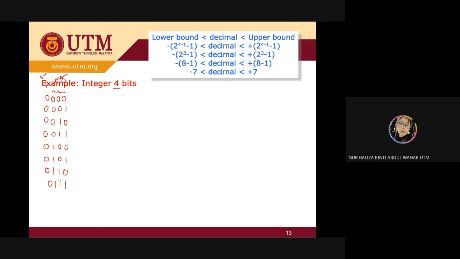This is your sign, and this is your magnitude. This is the only possibilities if you have 4 bits, isn't it? So you will continue all together.